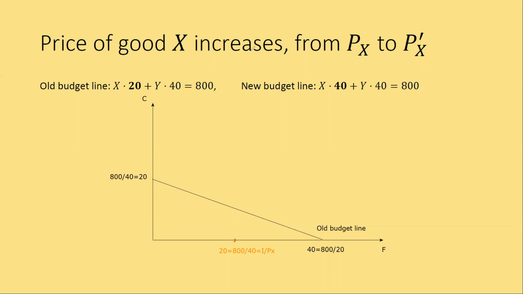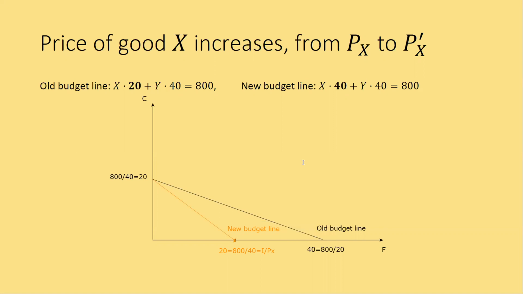Since the Y-intercept did not change, the new budget line will be a straight line connecting those 2 points. So this is our new budget line.